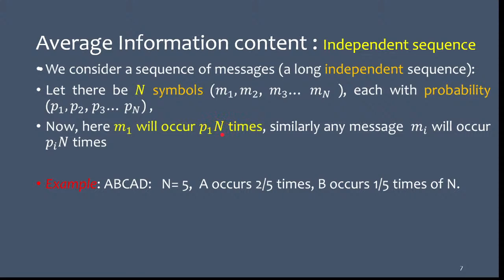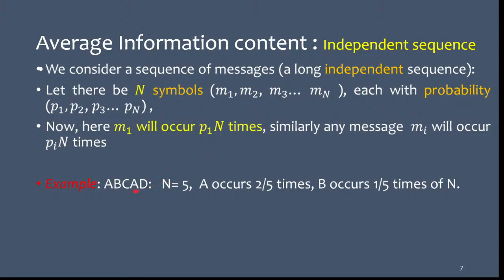In that case, each one will have its own probability. Then what's the total contribution of one particular message when you consider the overall size of the message? That is Pi times n. For example, for the first message, its probability is P1, and its total contribution or weightage is P1 times n.